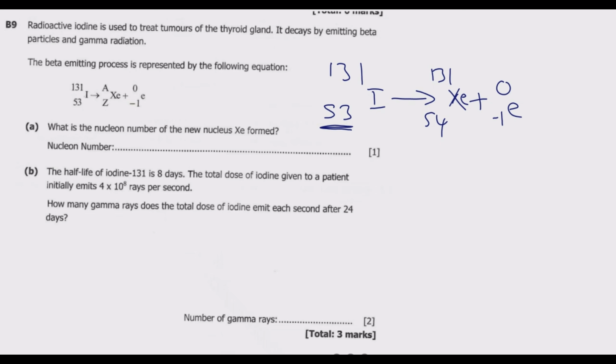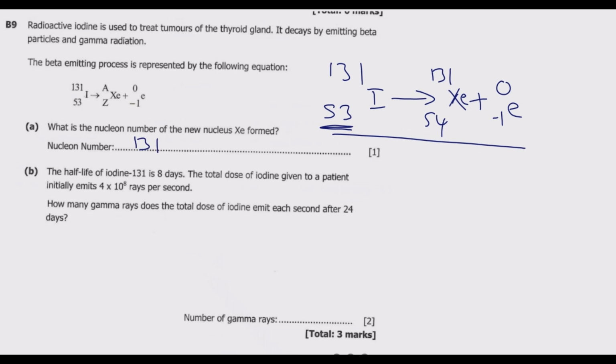So a neutron, which is neutral, will become a positive. Hence you are seeing no change in the nucleon number. So basically the nucleon number remains 131. So this is basically what is happening.